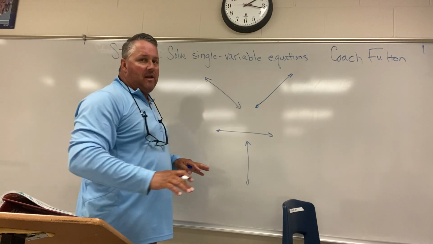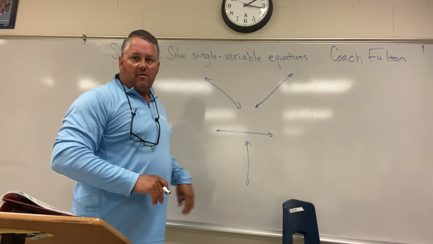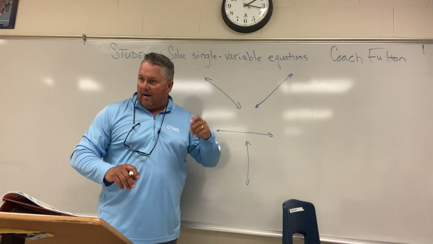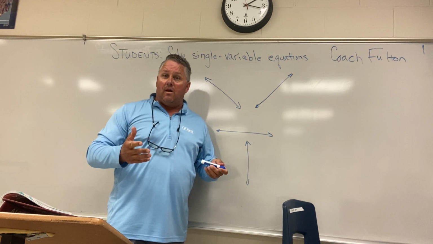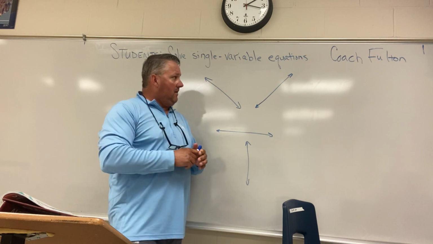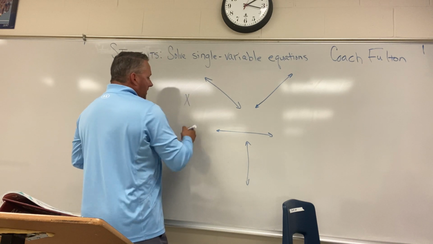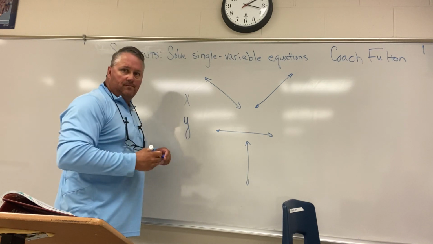There's an infinite number of directions they can go, but these are some common looking ones that you might see, which are represented by variables. And variables, if you remember, are unknown numbers represented by letters. So sometimes you can see the letter x as a variable or the letter y as a variable.